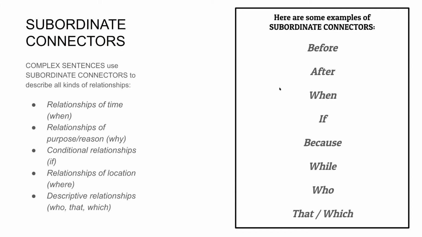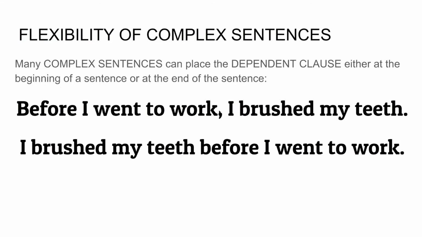Now, these are just some examples, but you probably know all of these. The idea is these particular connecting words help tell us more interesting pieces of information. So they give us more information than just simple sentences do.